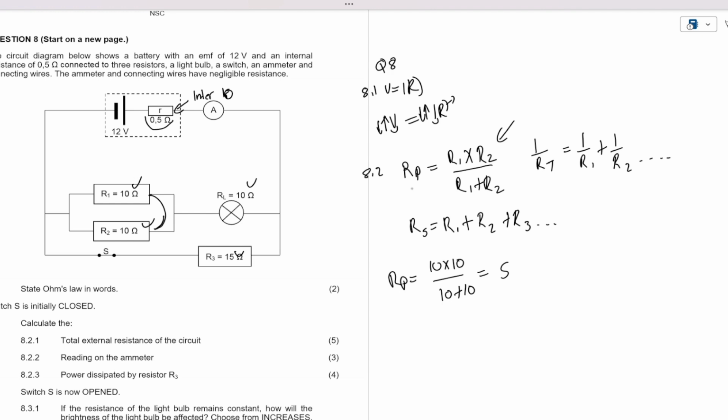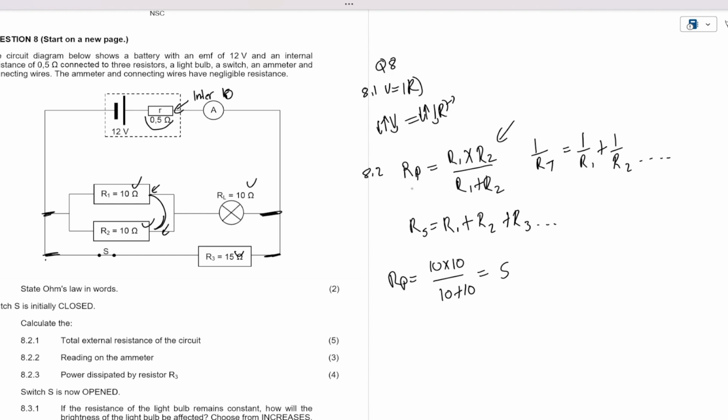And then we must be able to group resistors. What did I mean when I say group resistors? Here we have various parallel branches. This one is parallel to this one, and also this whole branch which exits this side is parallel with this whole branch. So we must be careful.